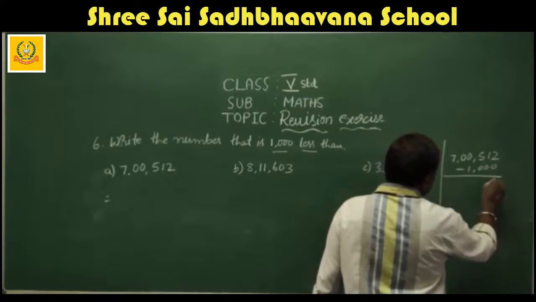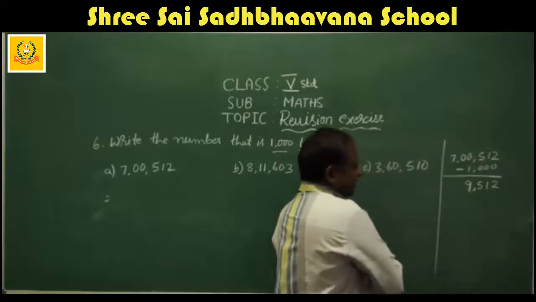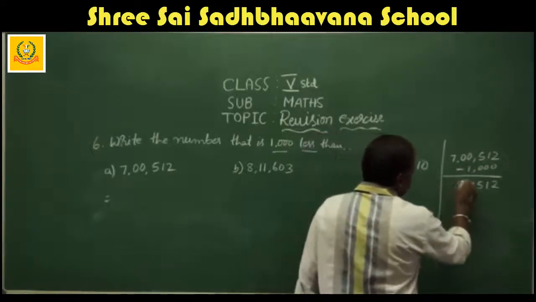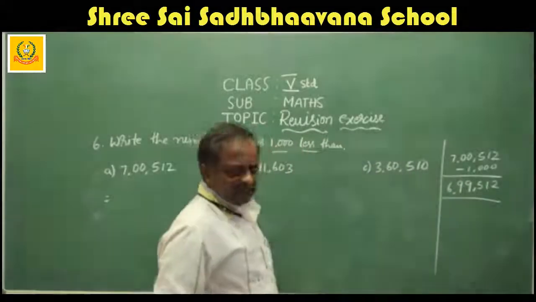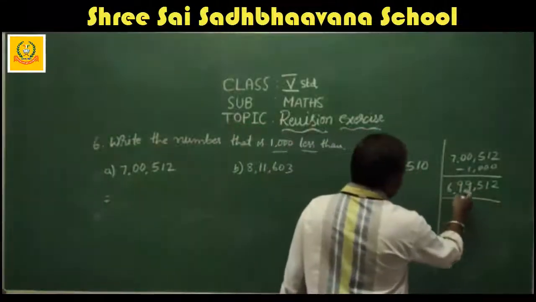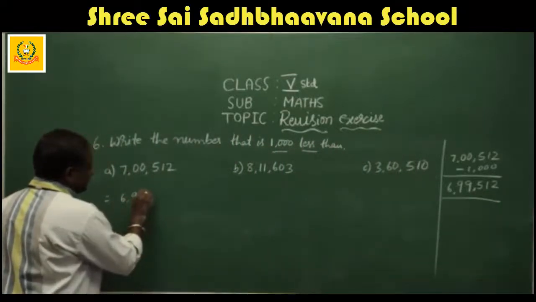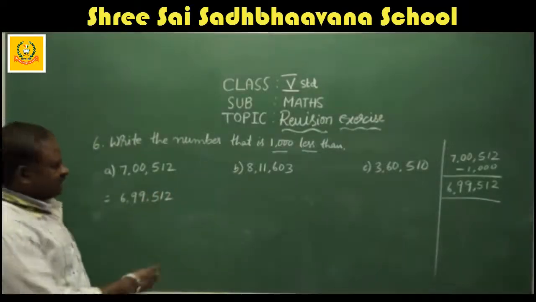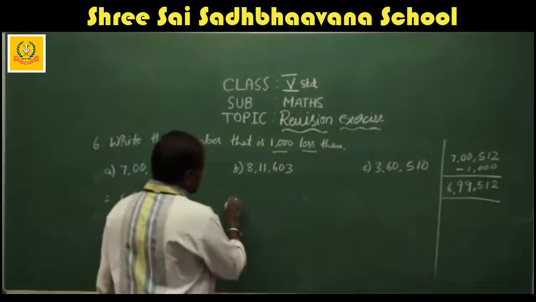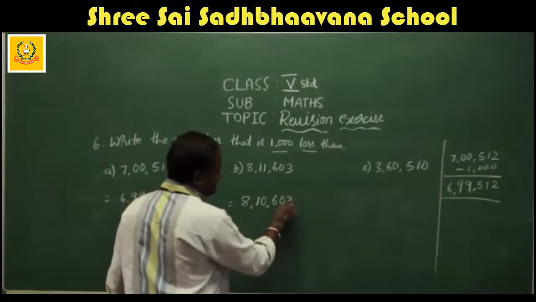So you get 512. Here from 0 minus 1, you take carry. From 700 you subtract 1, you get 699. So 6 lakhs 99,512. Here you directly subtract 1000. So you get 8 lakh 10,603.